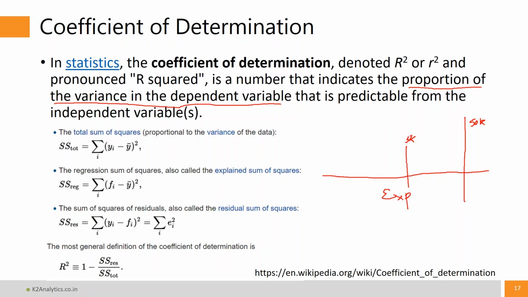The amount of variance that you are able to explain is called coefficient of determination. And the amount of variance which you are still not able to explain is residual error. Are you getting the point?